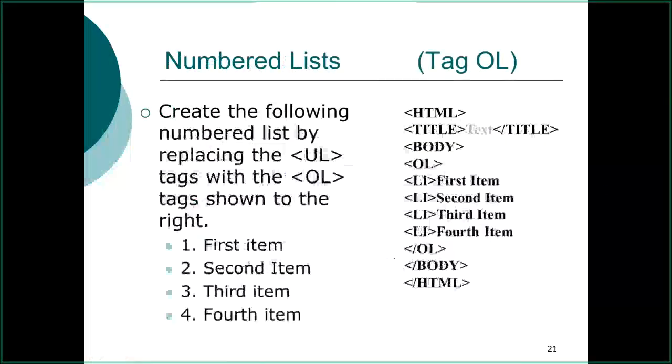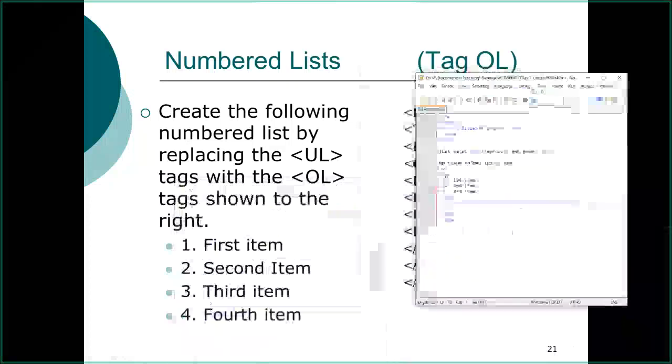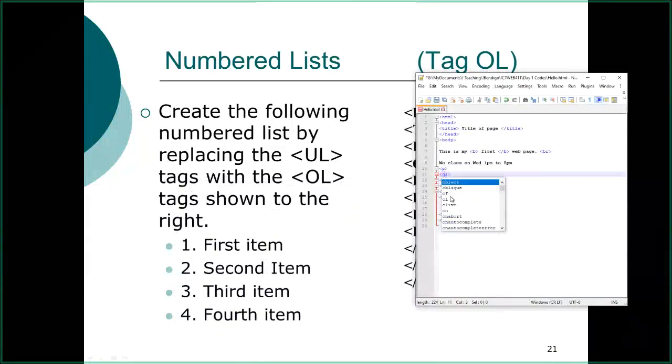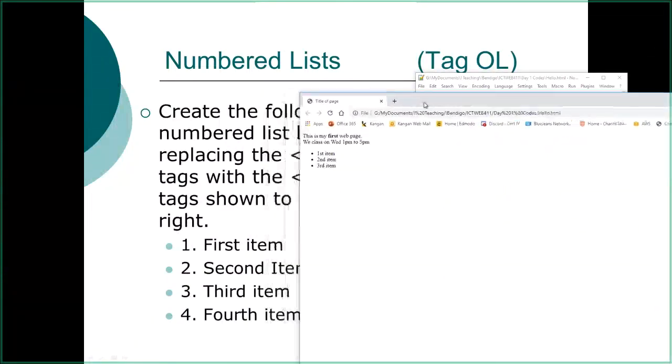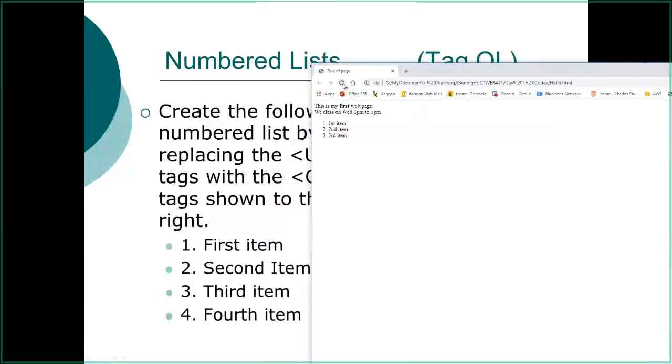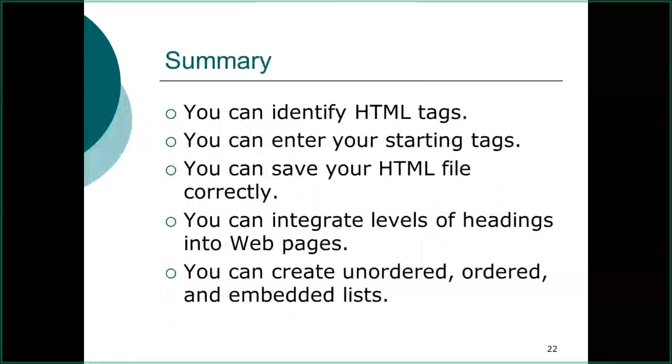So the alternative is where we turn around and go ordered lists. Instead of a U, we go an O. And instead of having bullet points, we have a number. As you can see, basic HTML coding is just that, basic.